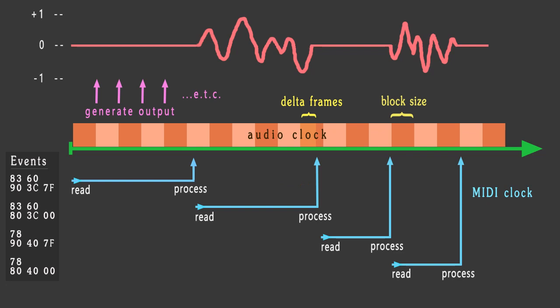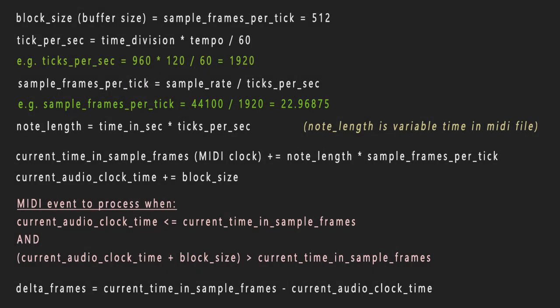For instance, you may wonder, what is the relationship between the time that passes between two successive ticks of the audio clock and the time values attached to each Midi event? In order to see that, we need to familiarize ourselves with some terms and their meanings. As I said before, samples are processed not one by one, but in buffer-size chunks, and I use the word block size for the buffer size just because I read it somewhere and it stuck with me.